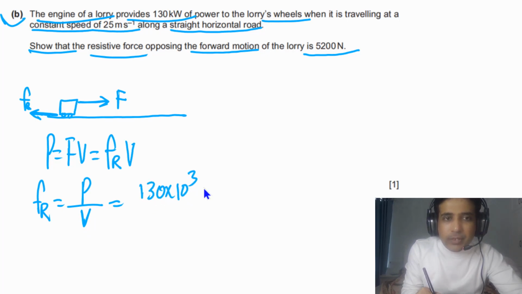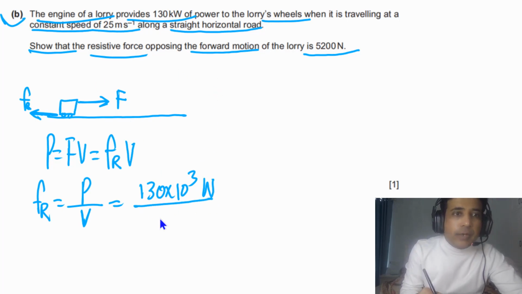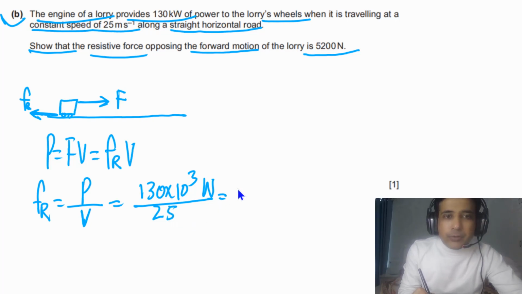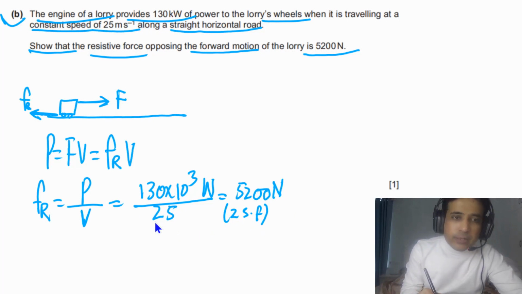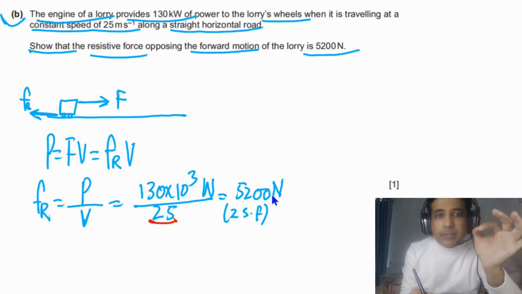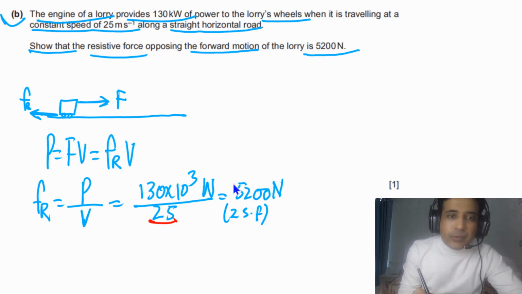So we have to multiply this by 1000, and we need to divide by its speed. Speed is 25 meters per second. Now if we solve this, our final answer will be 5,200 newtons to 2 SF. Because in the given data we have 2 SF here, we also have 2 SF here. So we have to use the least number of SF in our final answer. So this is our final answer.